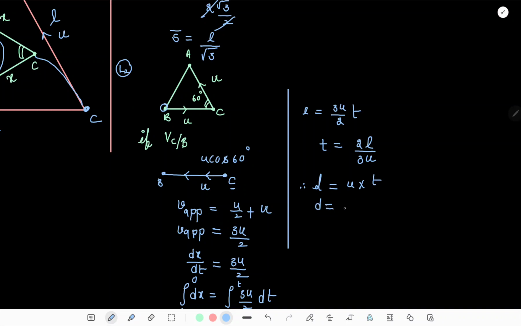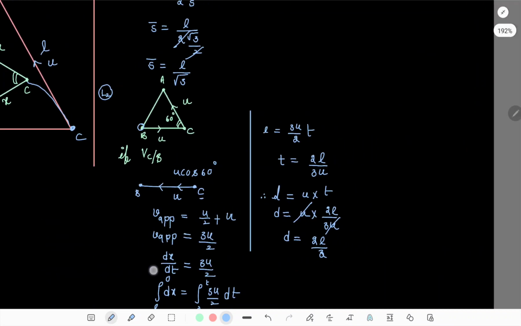Therefore distance is equal to u into time, so distance is equal to u into 2L by 3u. Therefore u gets cancelled, and d is equal to 2L by 3. That was the distance.